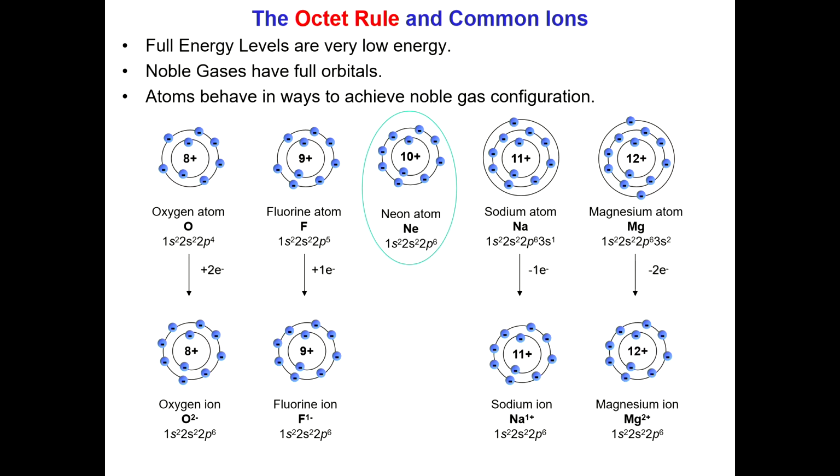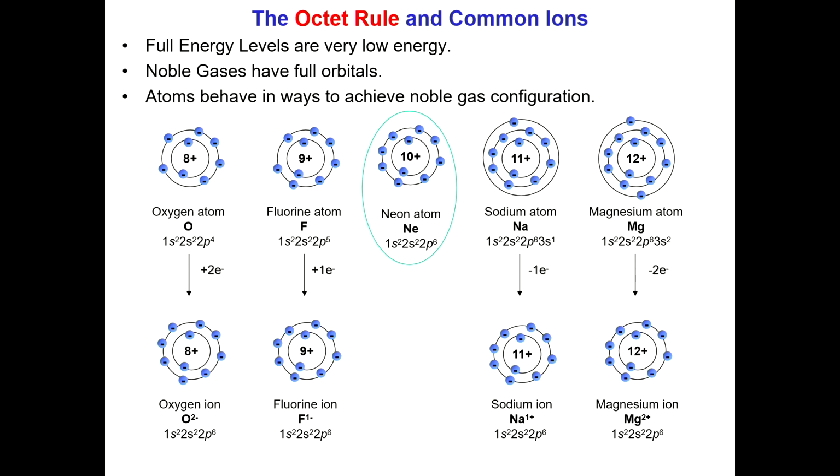Basically, oxygen tends to get two electrons and form a 2- charge. And fluorine only needs to get one electron to form 2s2, 2p6. We know these elements are nonmetals.